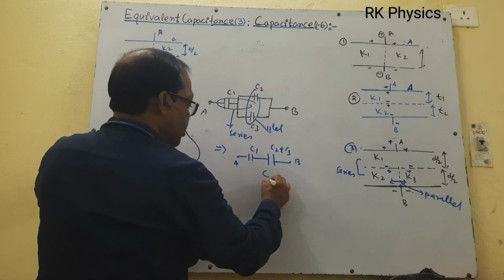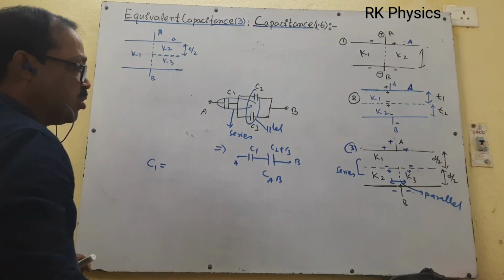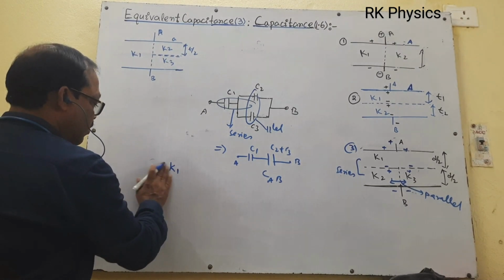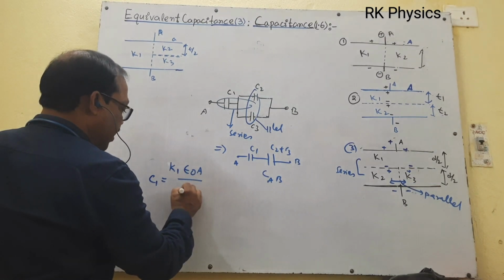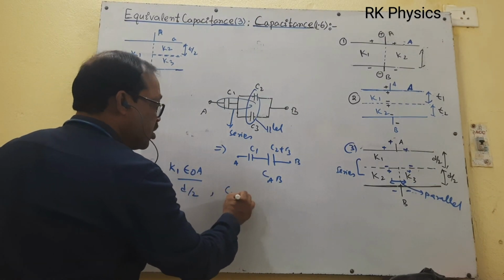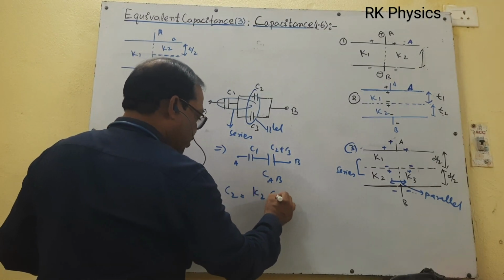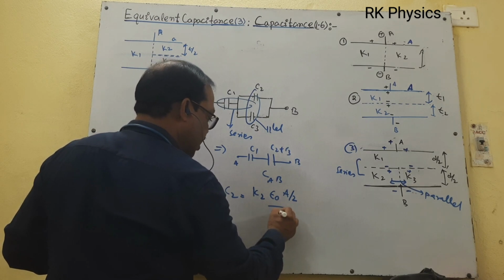Then find out CAB. Now what is C1 here? C1 is K1 epsilon 0 A divided by D by 2. What is C2? C2 is K2 epsilon 0, A is half and thickness is half.